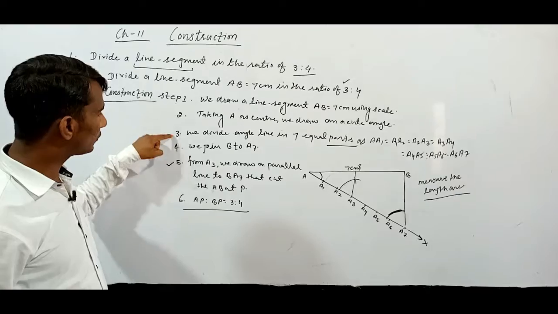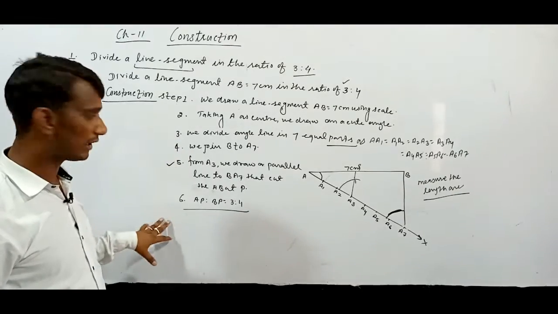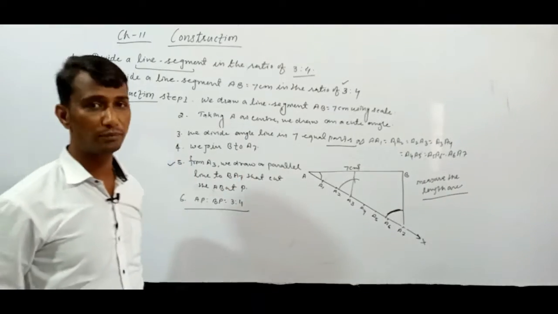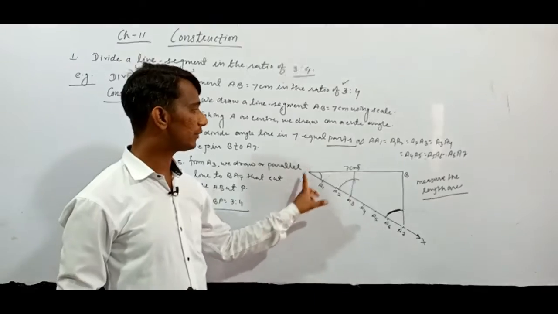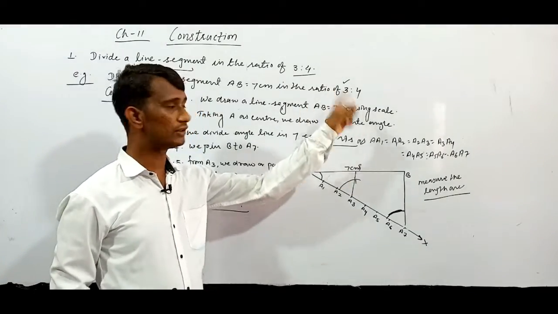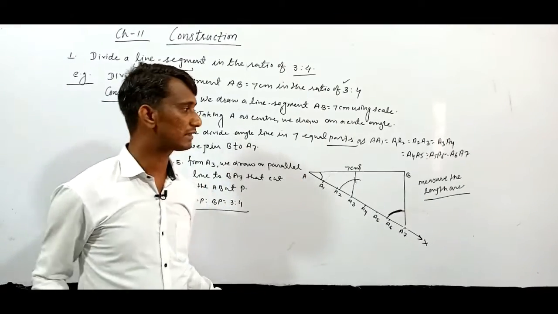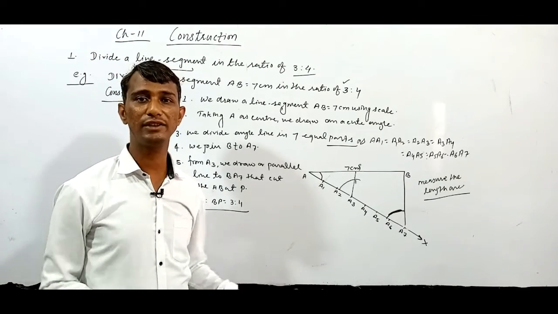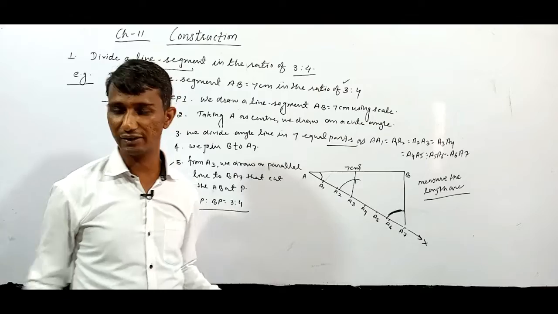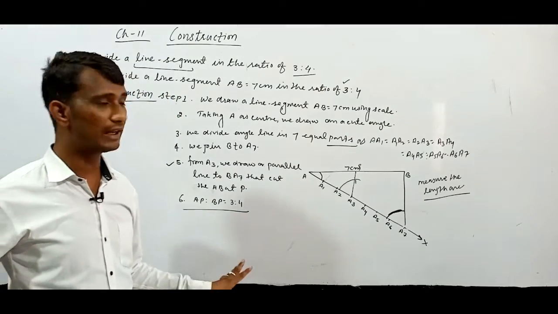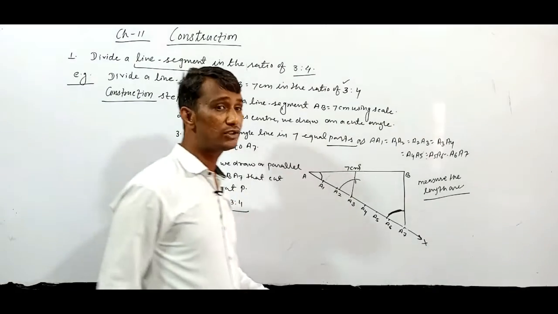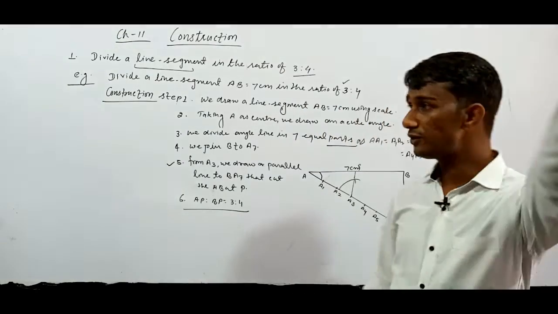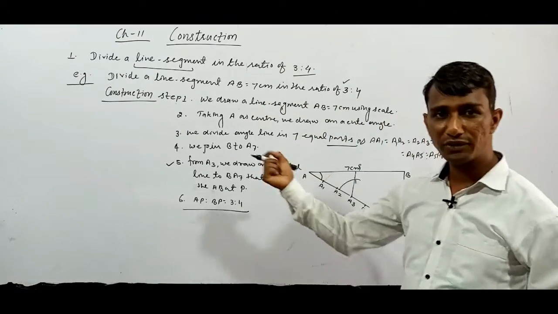Step number 1, 2, 3, 4 and 5, and at last you write, therefore P is the point that divides AB in ratio 3:4. Your construction is completed, your figure is completed, but we also need to write the justification. So how to write a justification? Because in the CBSE board, sometimes only the justification is asked.